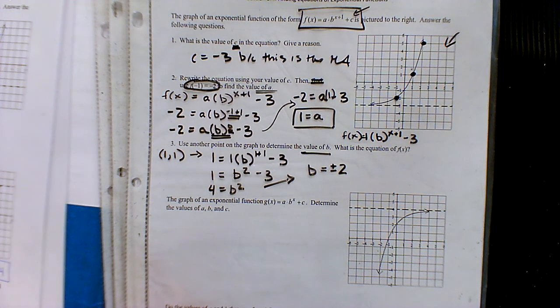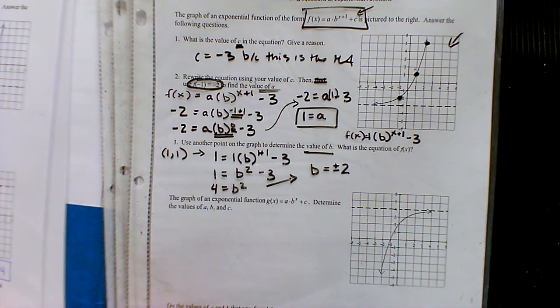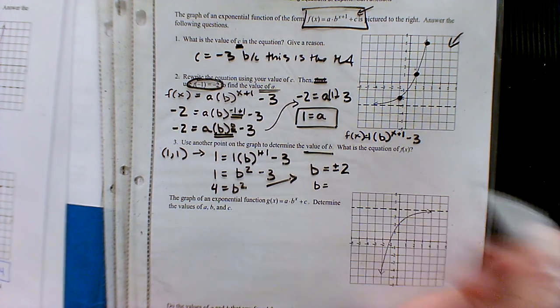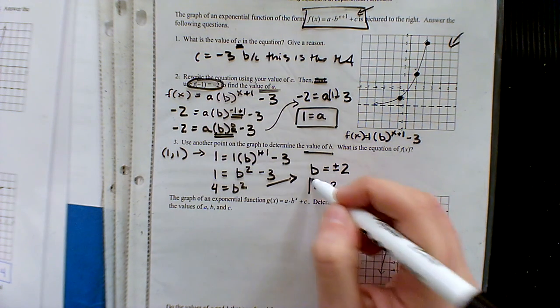So technically the algebra is leading us to 2 possibilities for the base, but we know the base can only be 1 number. Can we think about which one would make sense? Okay, so the positive value.